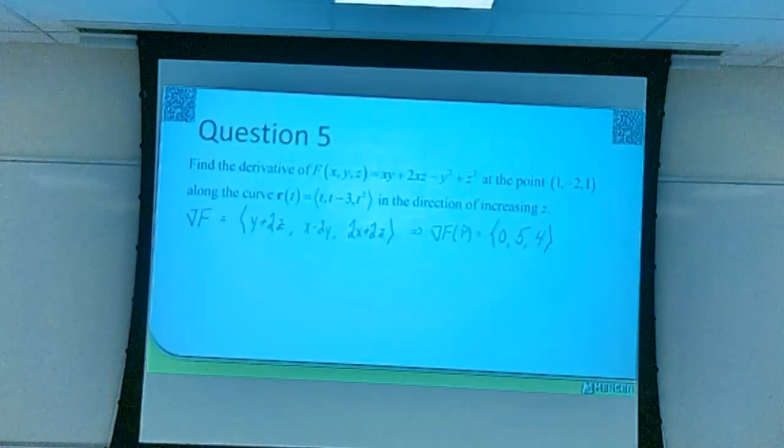Now, we need a direction. Well, we're told that we're traveling along that specific curve, right? Well, at a point, the direction along the curve is what?